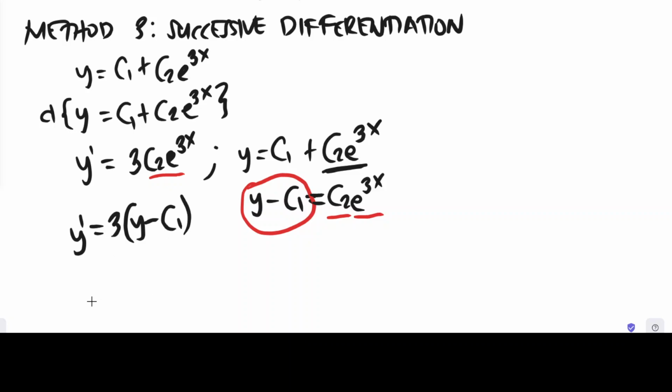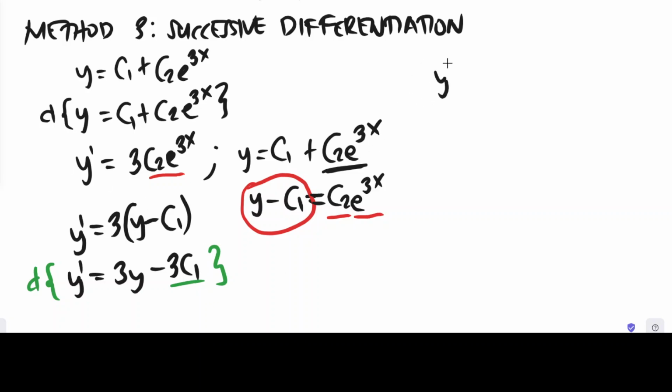What benefit does this bring us? By distributing 3, we will have 3y minus 3c1. 3c1 is already isolated.